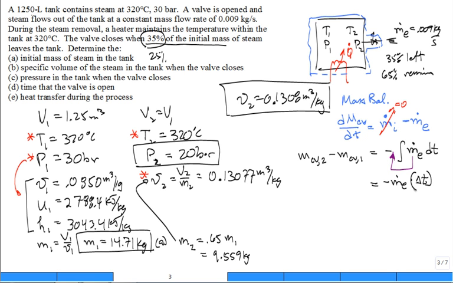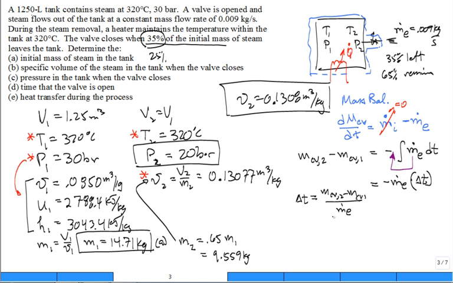What is the time that the valve is open, and when it's open, some flow is leaving? So the amount of time that it's left open is the mass in the control volume final state minus the mass in the control volume initial state divided by the mass exiting.